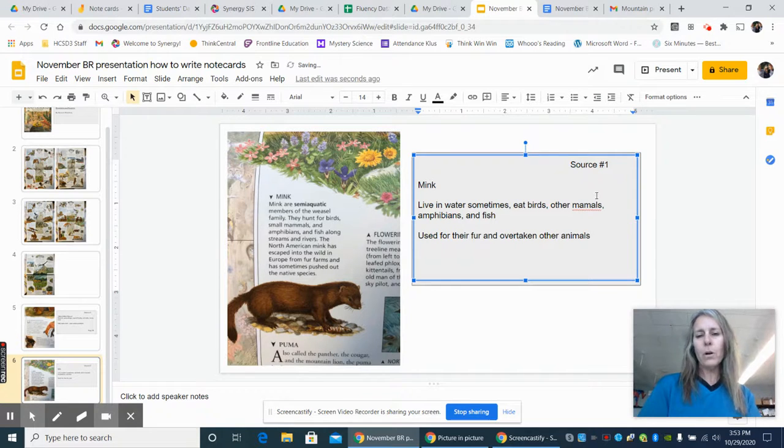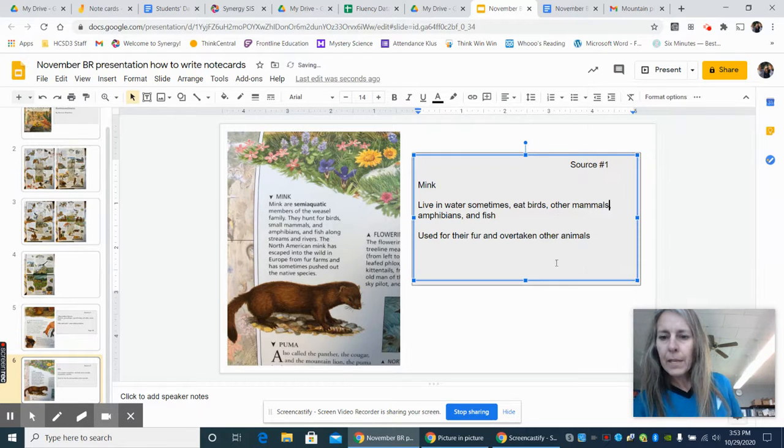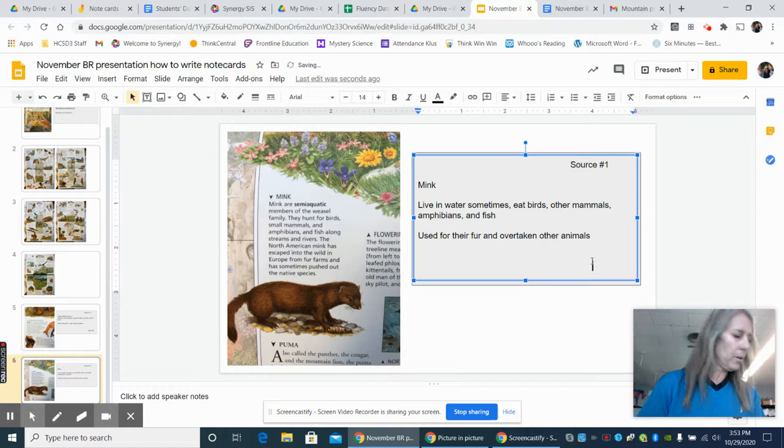All right, so you don't want complete sentences on your note cards. You just want just words and phrases. Oops, I misspelled mammals. I better fix that. And don't forget, in the bottom right-hand corner, you are writing the page number, and this is from page 30. And you should have 12 of those note cards when you get done all together from source number 1. All right?